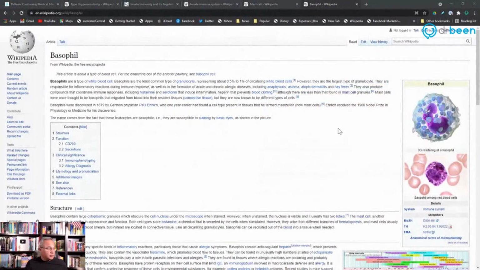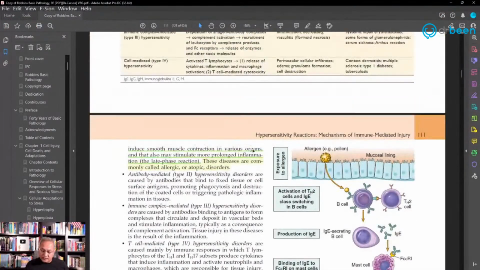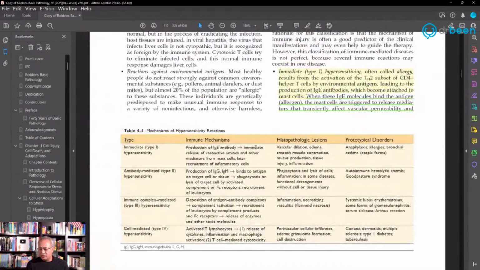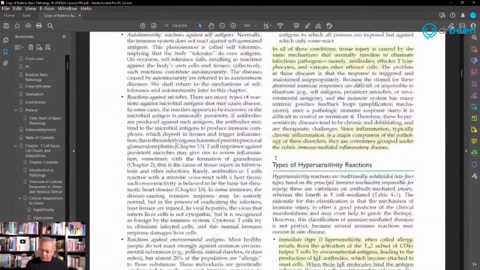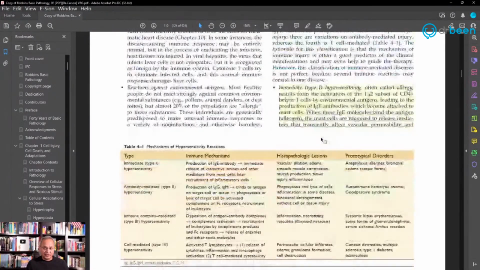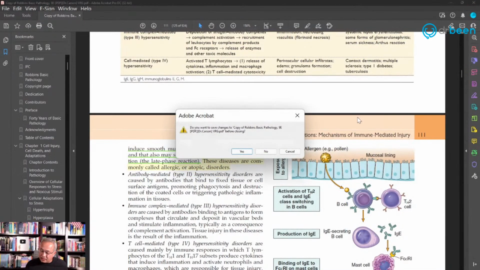The other important book is Pathology by Robbins, or in medicine we call it Robbins Pathology. Robbins Pathology, types of hypersensitivity reactions, and then type 1 hypersensitivity reaction is what we'll talk about. So with this, let's start our discussion.